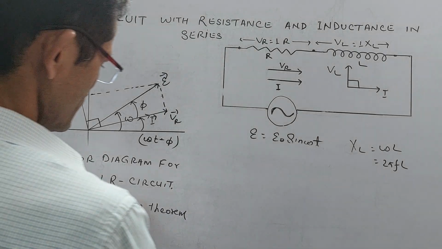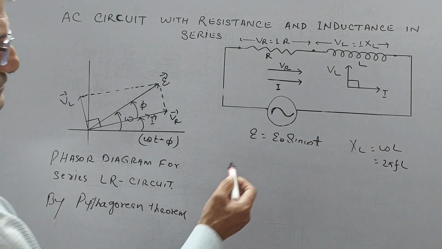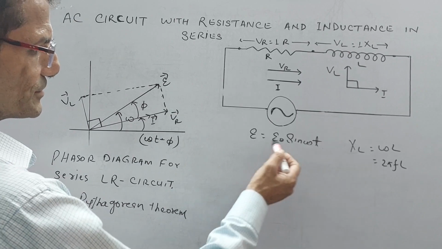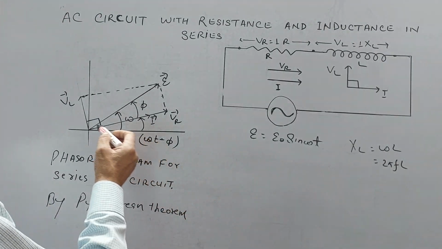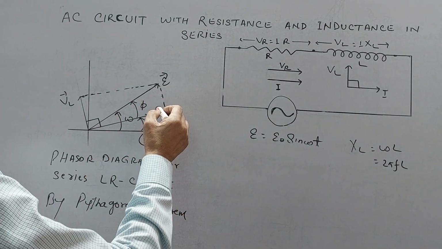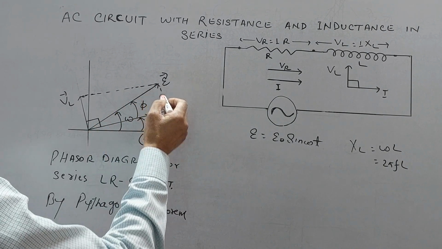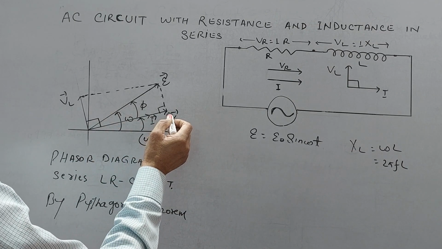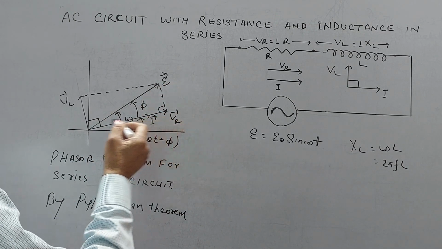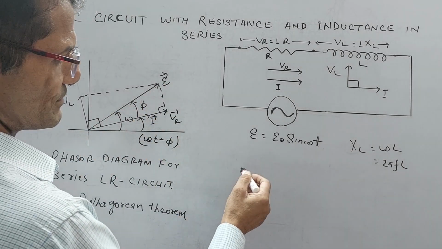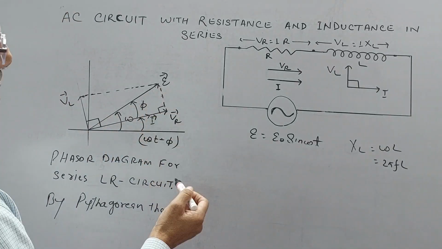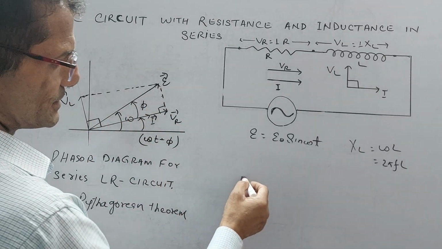Now using the Pythagorean theorem, we have voltage amplitude E naught. This triangle also makes 90 degrees here. The square of this, using the Pythagorean theorem, is equal to the square of the base plus the square of the perpendicular, which is equal to the square of the hypotenuse. Therefore, our hypotenuse, its length, would be the magnitude of the AC voltage.